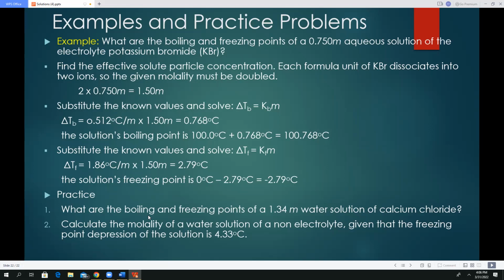Yeah, here is 0.512 Celsius per molal. Okay, and we do not have that for calcium chloride. Let me see, what is your KB for calcium chloride? Let's see if I can find it.